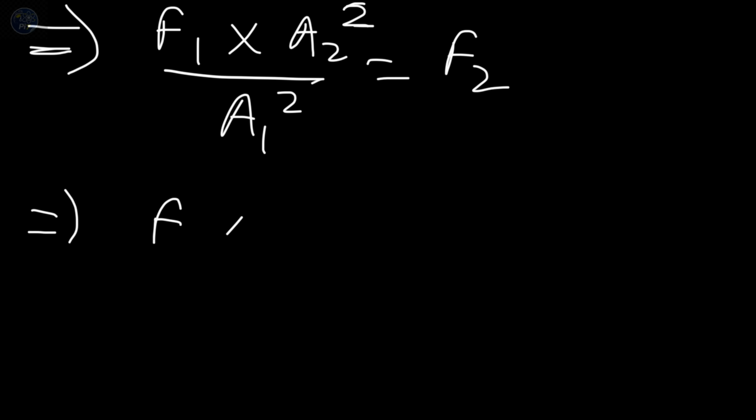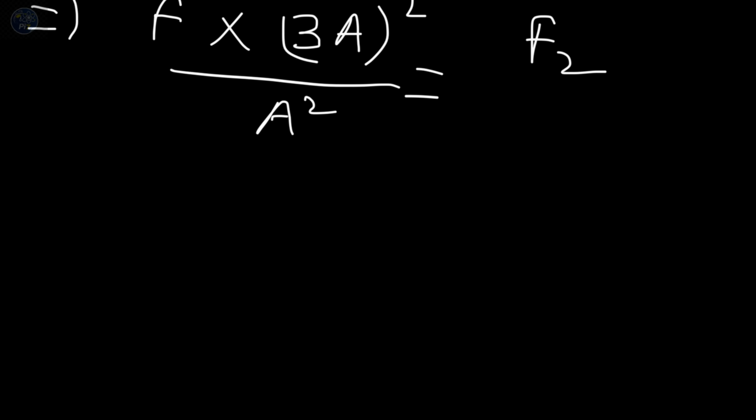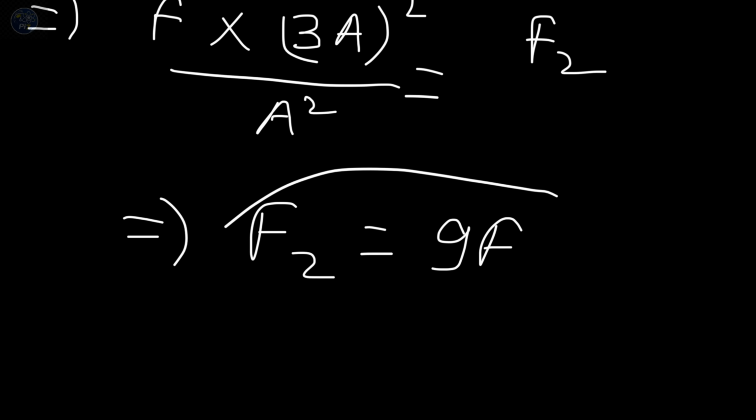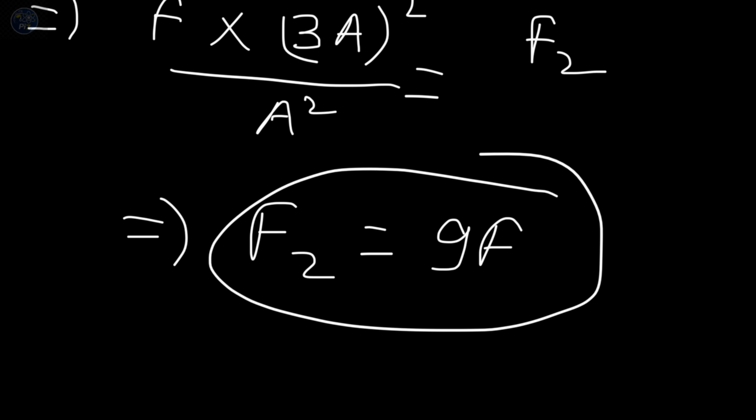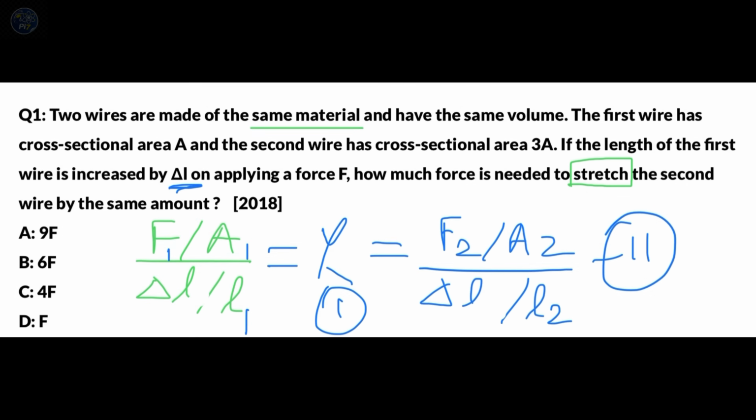F1 is given as F. A2 was given as 3A, so A2 square is 9A square, and A1 was given as A. So A square cancels and equals F2. If you solve this, you can see that we'll get F2 as 9F. Okay, so the answer to our question will be 9F. That means option A.